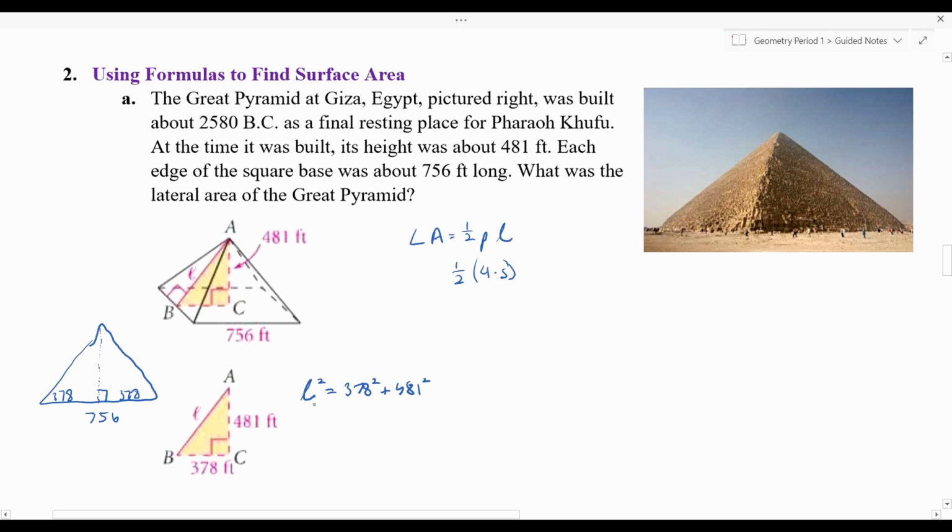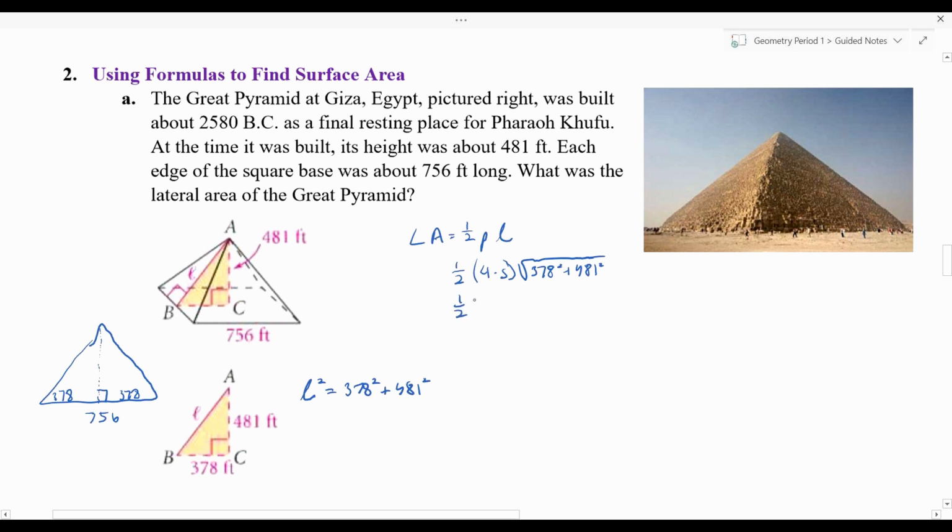But I need to solve for L, so I take the square root of both sides. So L is the square root of 378 squared plus 481 squared.